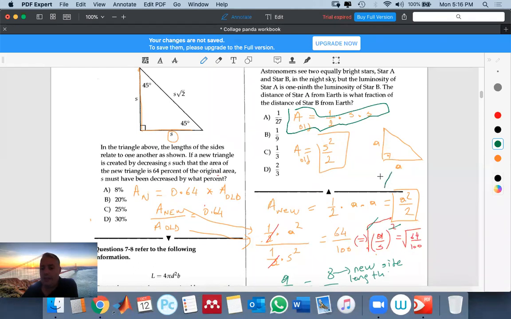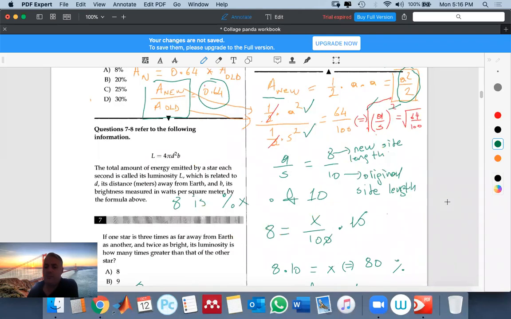If the new side is A, the area formula gives A squared over 2. I know this ratio, the new one divided by the old one, is 0.64, which is 64 over 100.